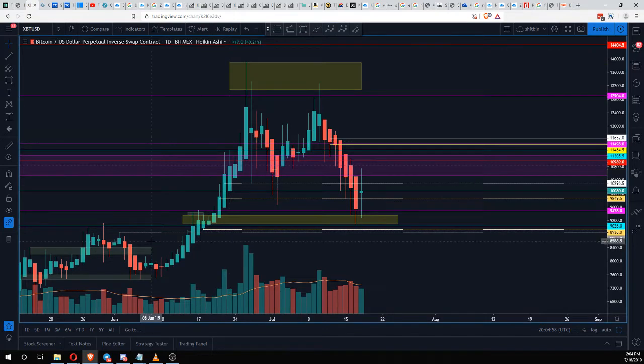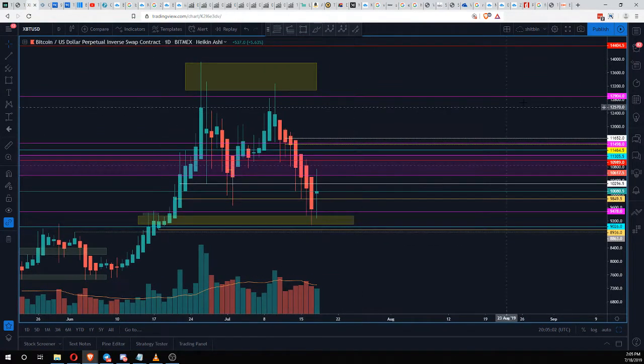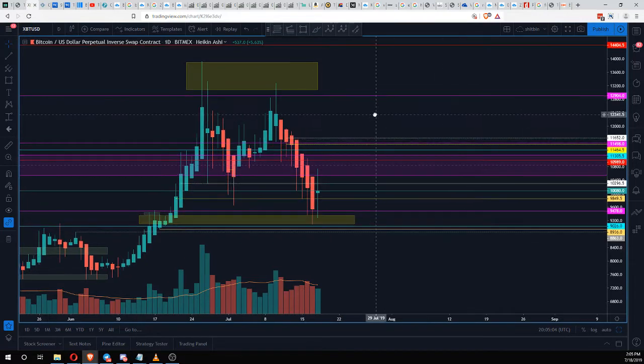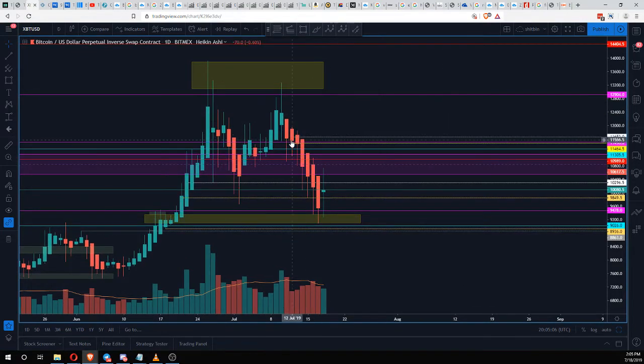I've just got some areas of significance drawn out here, and some lines. Okay, some of these lines matter, some of them really don't. Some of them are just order book data, like all these white ones, and the yellow one is order book data too. So white and yellow are order book data, and purple is more long-term lines, like this 12,904, 11,490.